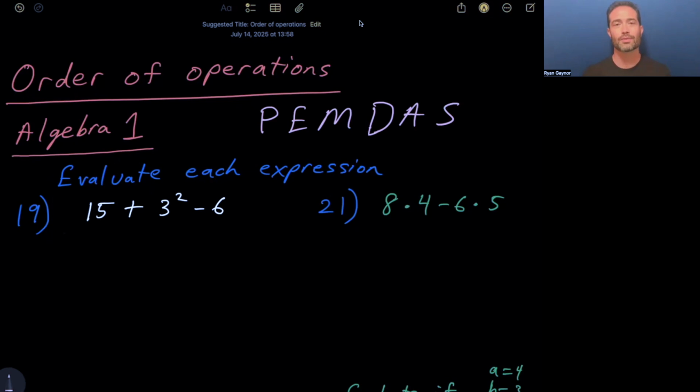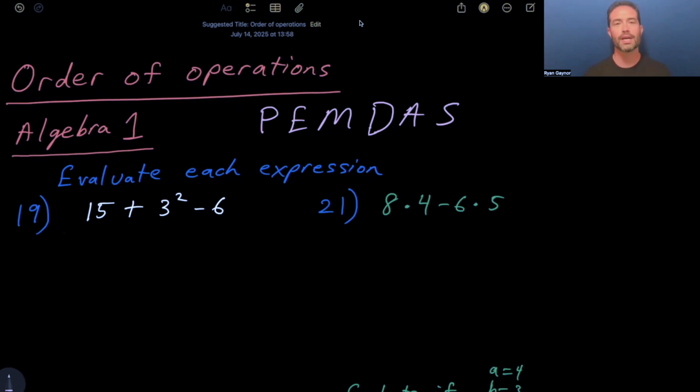All right, so second is exponents. If you have exponents, you need to do those before the next letter, which is multiplication. Now we have multiplication and division, M and D. The M and D kind of go together, because if you have both multiplication and division, then you need to go left to right.